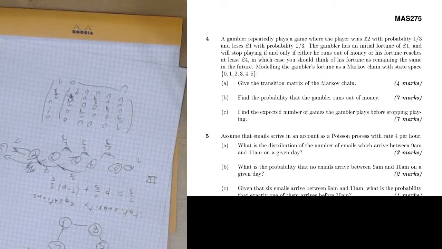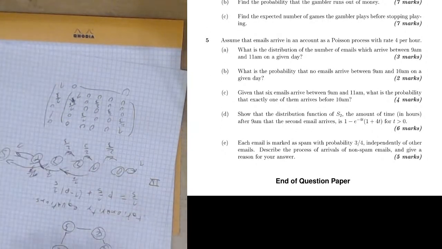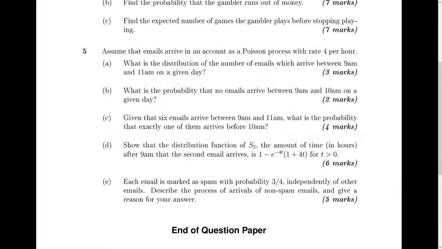Okay, let's just finish with the Poisson process. So exercise 5. Let's put this in big again. Assume that emails arrive in an account as a Poisson process with rate 4 per hour. What is the distribution of the number of emails between 9 and 11 a.m.? So you know how Poisson process works.